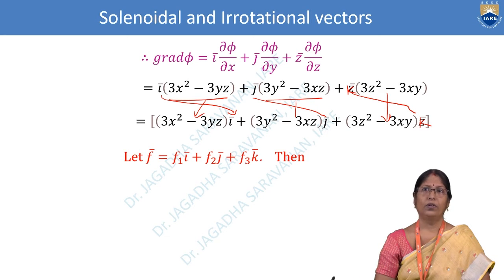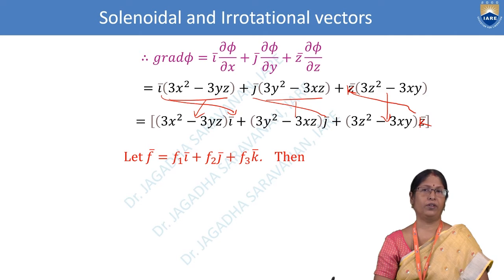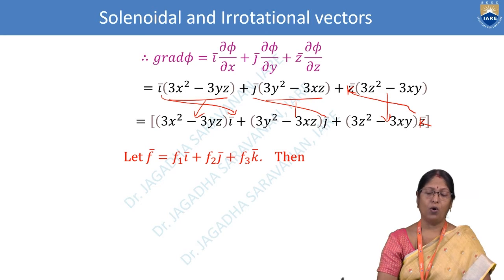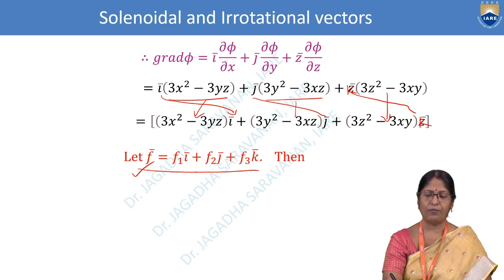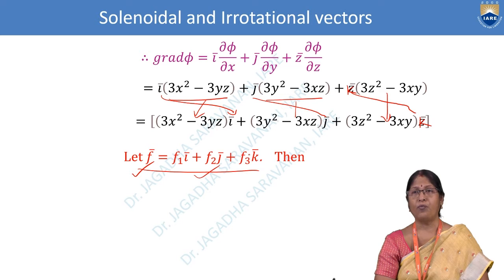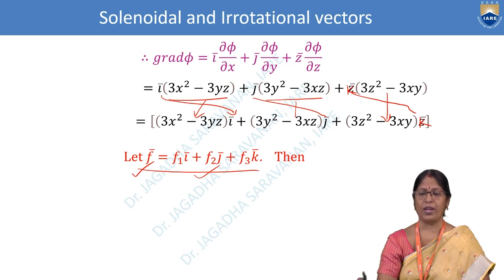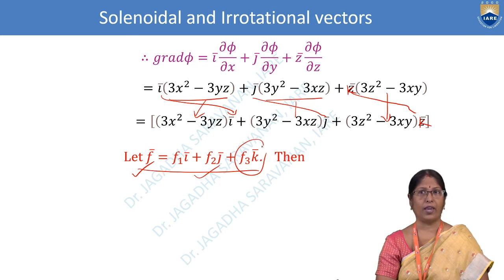So now the question is divergent, they told, but we are doing the grad. What is the reason? Now we know the divergent of a vector, the formula is: vector f is nothing but f1 i plus f2 j plus f3 k.